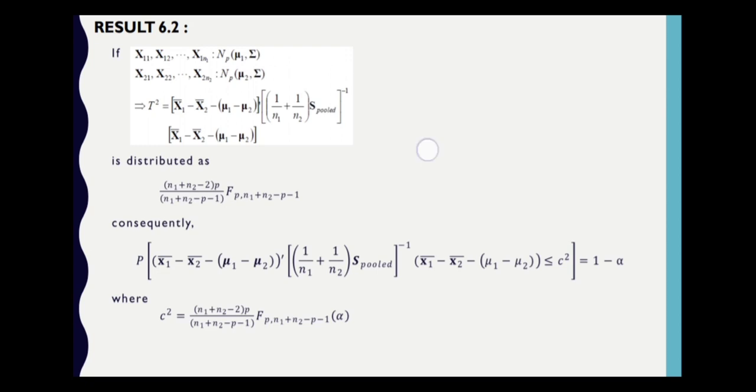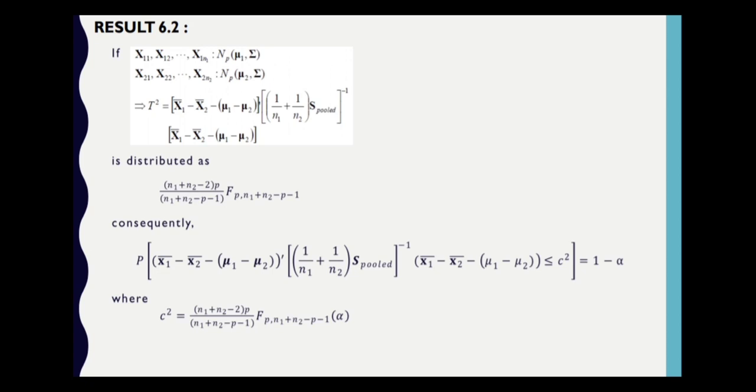So the T-square is, as before, x bar minus mu, transpose, multiplied by the inverse of S, multiplied by x bar minus mu. So we use the same concept.